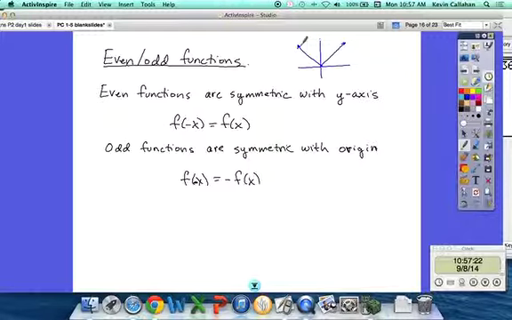It's like a mirror image on the right as on the left. What it means is, it doesn't matter whether I take f of x, or go the same distance to the left, f of negative x, both have the same y value. F of negative x equals f of x. As long as you're going the same distance to the left and to the right, the function has the same value because it's symmetric.